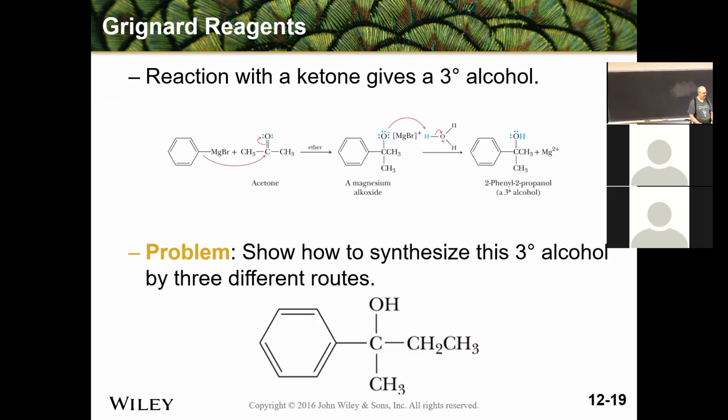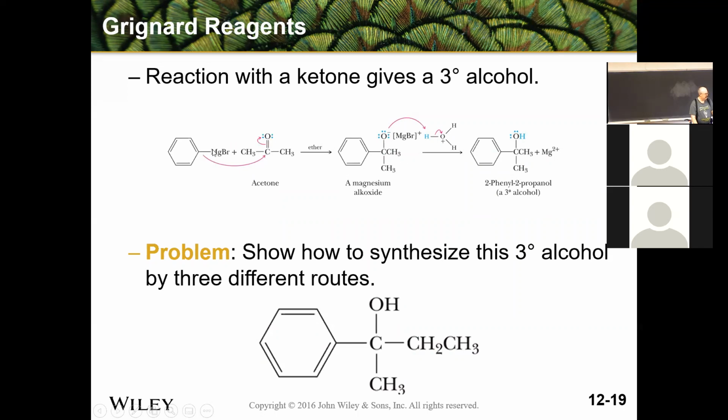When a Grignard reagent reacts with a ketone, we end up with a tertiary alcohol. This is the exact same mechanism. The Grignard, the carbon bonded to the magnesium, attacks.